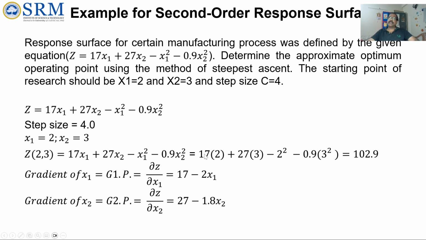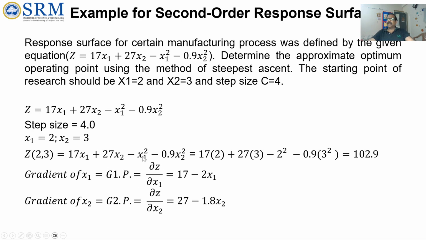So how to calculate? We need to find the gradient of x1 and the gradient of x2. What is the equation to calculate the gradient of x1? Equal to g1 dot p, g2 dot p. Here g1 dot p, the gradient at a point, is the differentiation of the response with respect to x1, the first order differential. If you differentiate this, x1 becomes 0 and the x2 term is eliminated because we are differentiating with respect to x1.